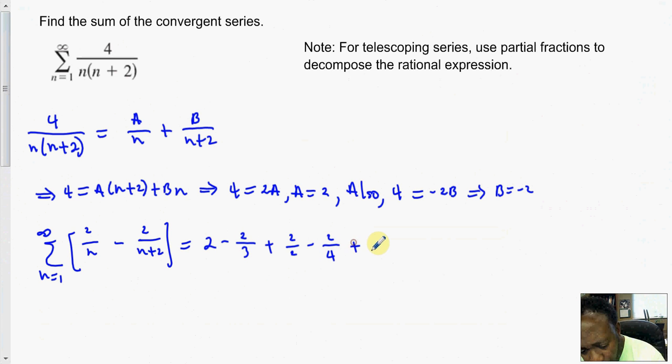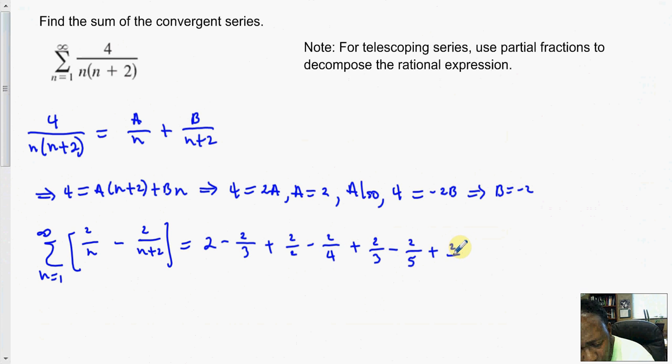Now when n is equal to 3, we have 2/3 minus 2 over 5 plus, you kind of get the idea. This is n equal to 1, n equal to 2, n equal to 3, n equal to 4.